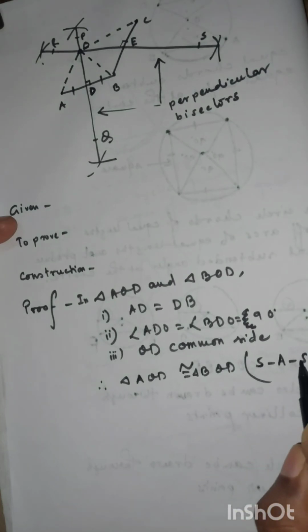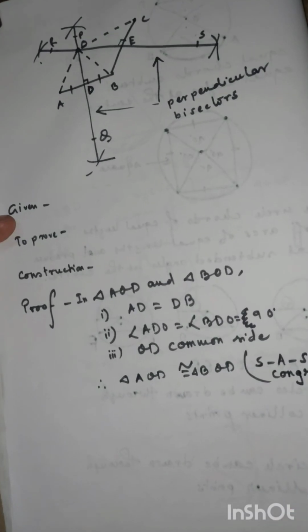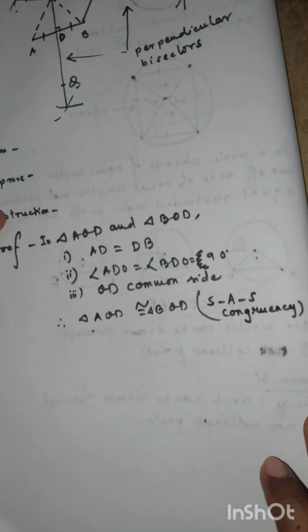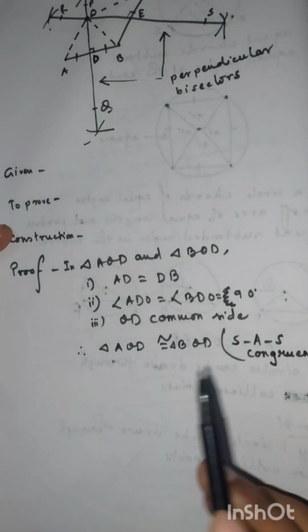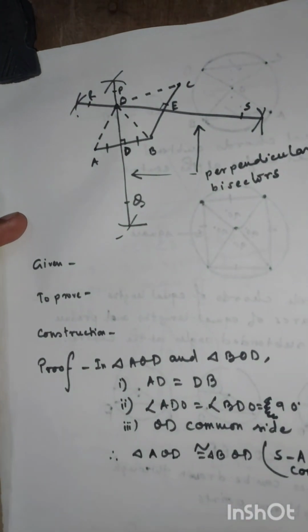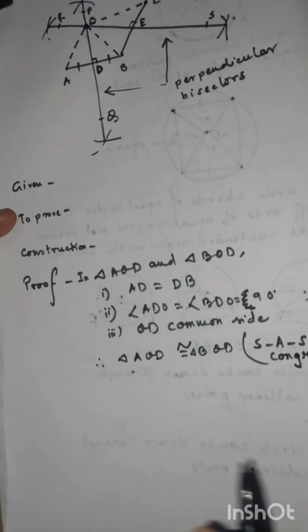Side angle side congruency. Now if AOD and BOD are congruent, then we can say definitely AO equal to BO.